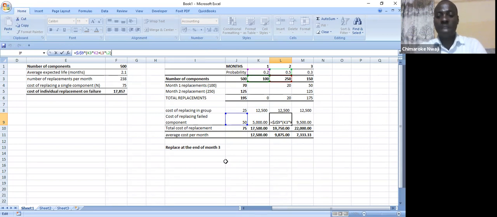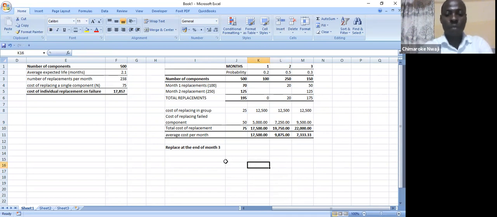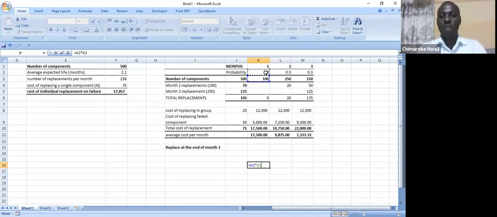So what do we mean here? We mean that month 1, 100 multiplied by 20% is 20. Month 2 is 250 multiplied by 50%, which is 125.